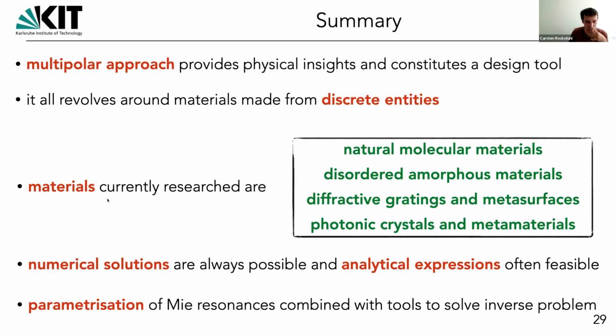The materials that we can assess here are natural molecular materials, disordered amorphous materials, gratings, metasurfaces, also photonic crystals and metamaterials. All these things can be done. I stress that here we have been restricting our attention mostly to the local bianisotropic response. But there are also other extensions and effects that we currently explore.